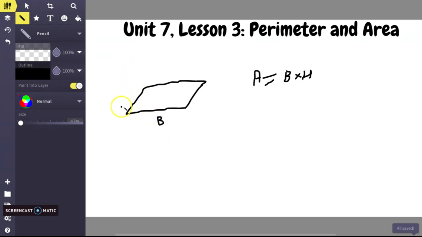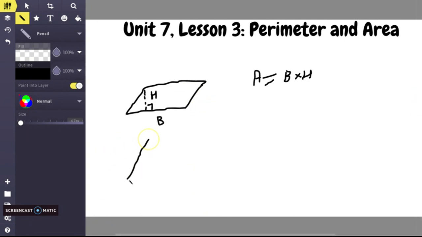Well, it's not that because that's slanted. So it has to go directly up. So it's going to be this length right here. And the height always has to go at a right angle. That's how you would do it. Whatever lengths are there, you can solve it that way.